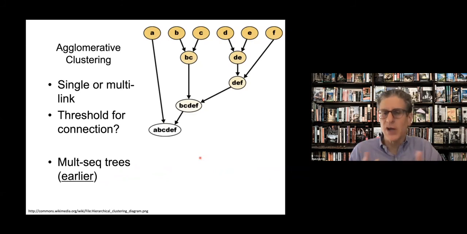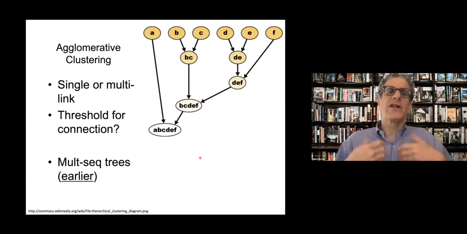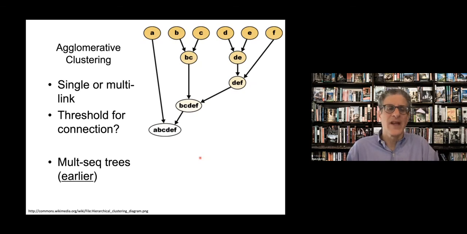Also, we talked about this when we talked about sequence clustering, there are other issues that come up. Are you going to demand single linkage, multiple linkage? That means when you're linking something to a cluster, does it have to link to everything or just one thing? There's an infinite number of decisions, but this is the type of thing that people often confront with agglomerative, or bottom-up, clustering.